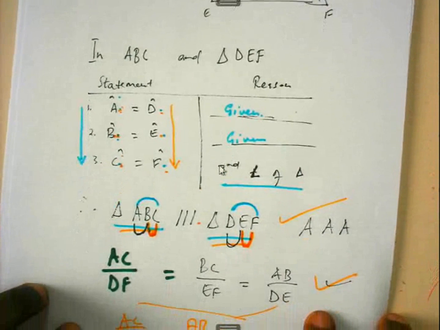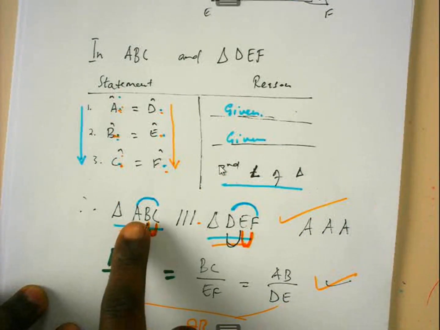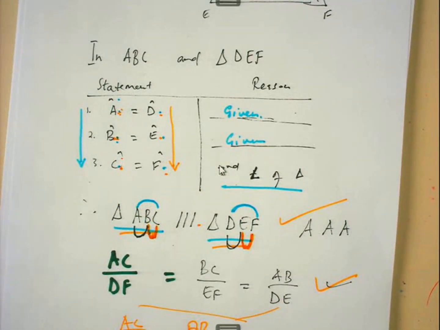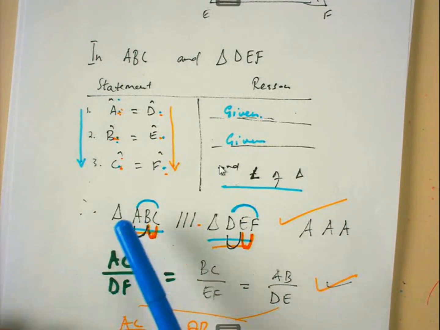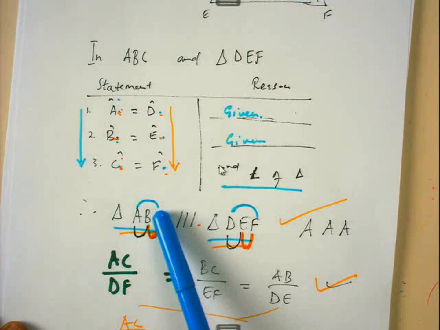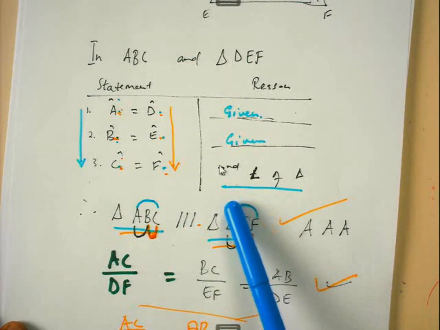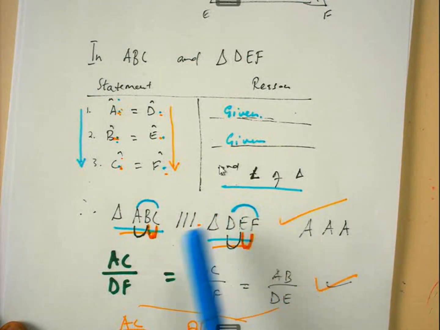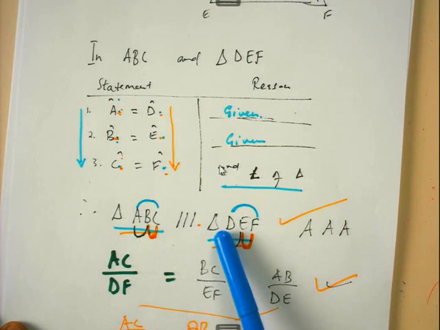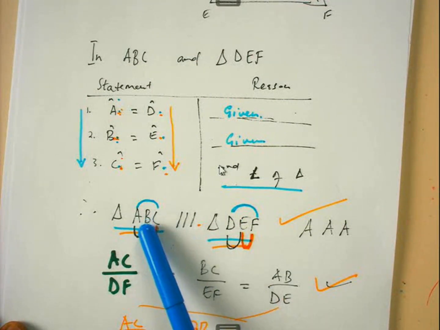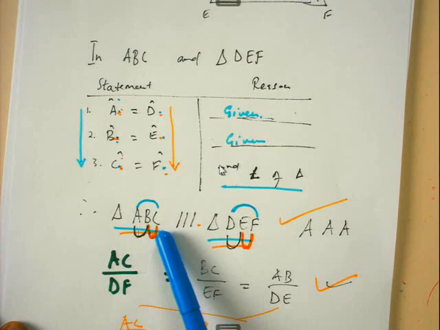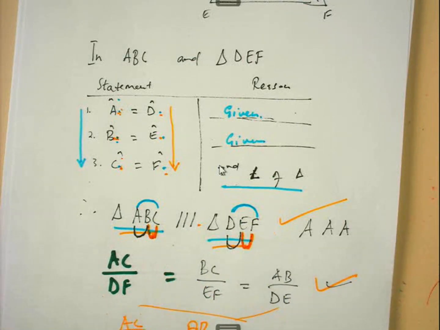And thereafter, then you can now look for your proportional sides, and at least I've tried to make the different colors to mark them. The side AC in this side, do you see how it is? Even this side, you must take the same order, DF. Side AB over side DE, side BC, look at the order, BC must be also over side EF.